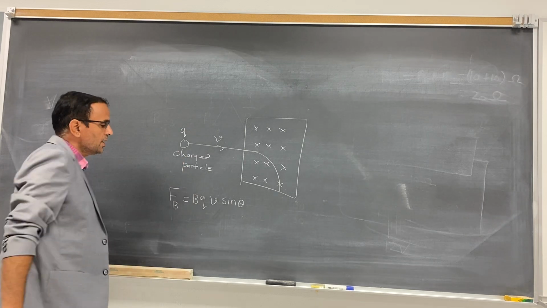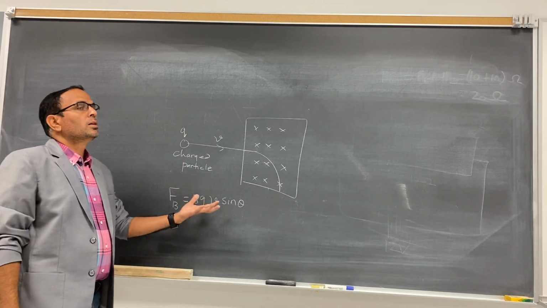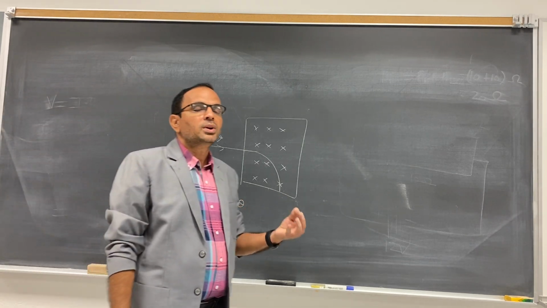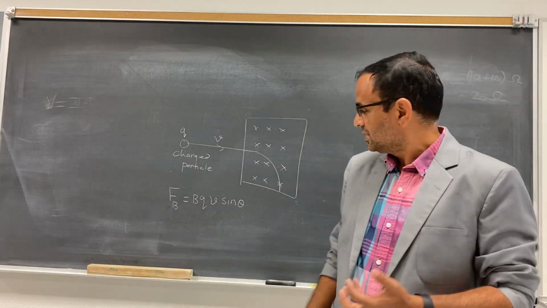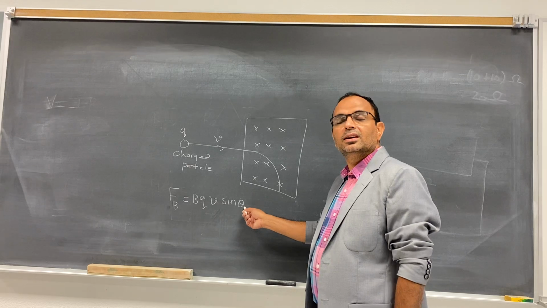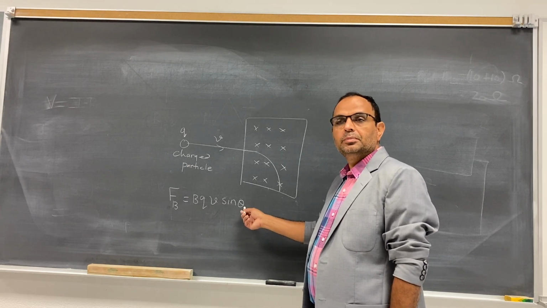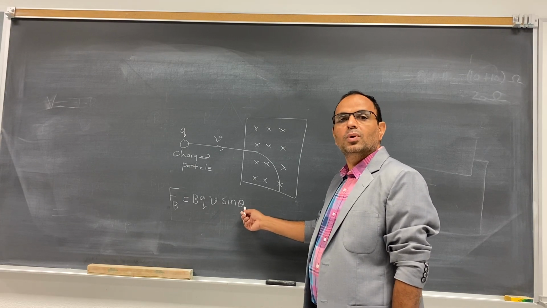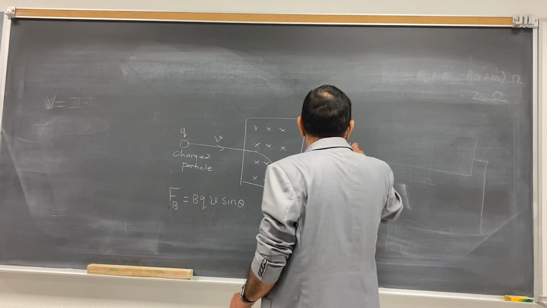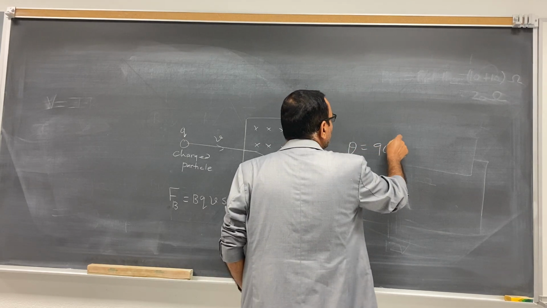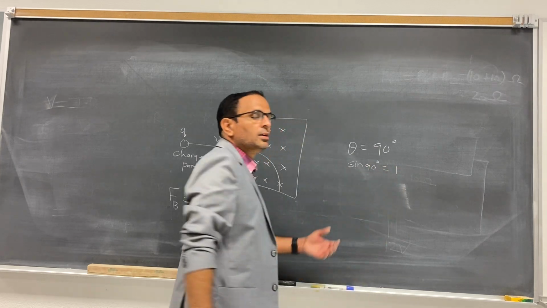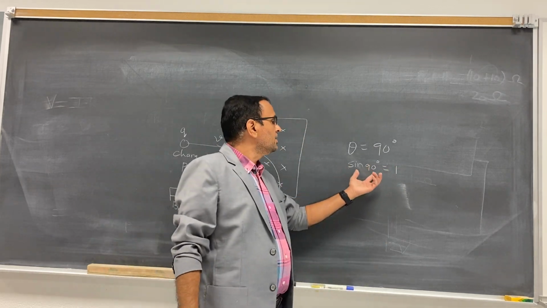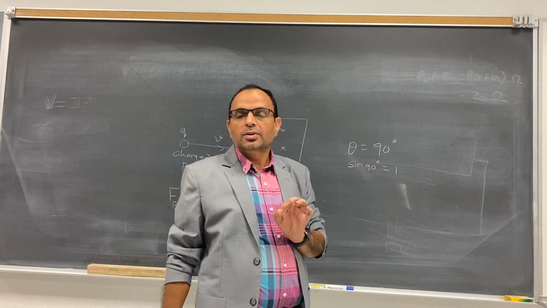So Q is the charge. Okay, so you can think, when do you get the maximum magnetic force? If theta equal to 90 degree, then sine 90 degree is equal to 1, and you know that sine 90 degree, which is 1, is the maximum value of sine theta.